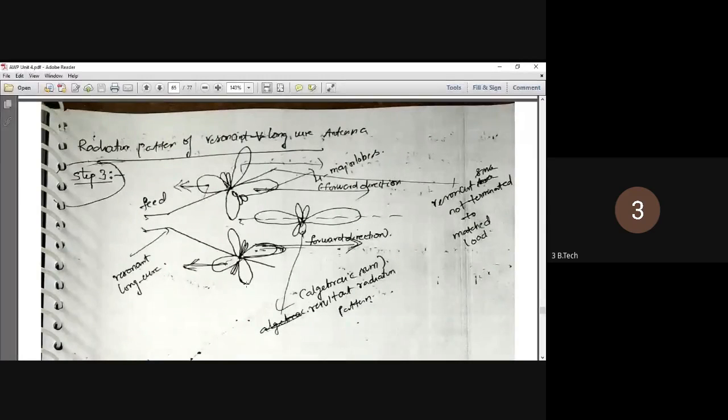So a bidirectional radiation pattern is achieved, from the algebraic sum of the lobes in the forward direction. So this is a bidirectional radiation pattern with few minor lobes. That is the resonant V long wire antenna, right?